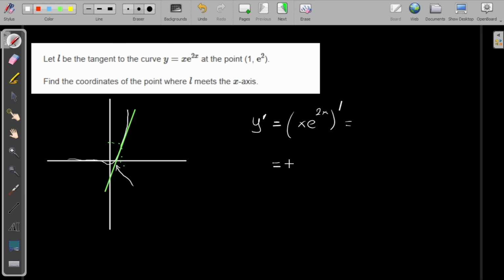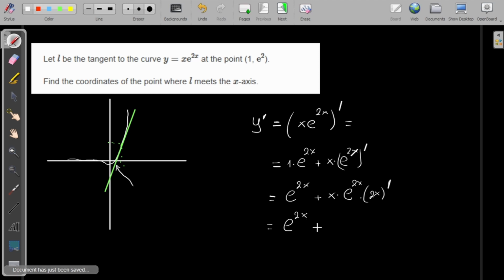The derivative of the first, which is 1, times the second, plus the first times the derivative of the second. So basically it is e to the 2x plus x times the derivative of e to the power of 2x, which is the same, times the derivative of 2x. So here I have a product rule and a chain rule at the same time. The derivative of 2x is 2. So the answer is e to the 2x plus 2x e to the power of 2x.